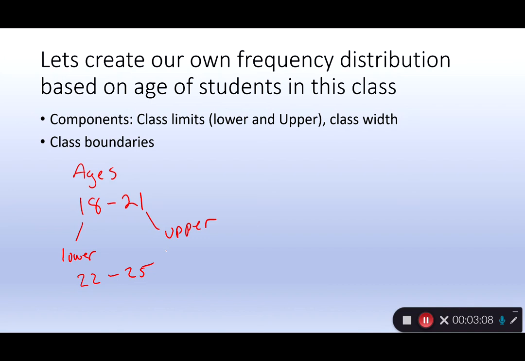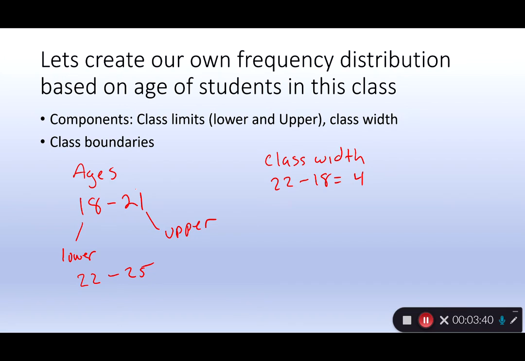You could do the difference between the lower classes, so our class width in this case would be 22 minus 18, which equals 4. Or you could count in between the class. So if I counted 18, 19, 20, 21, that would be 4 units. The key is you have to include both the lower and upper class limits.